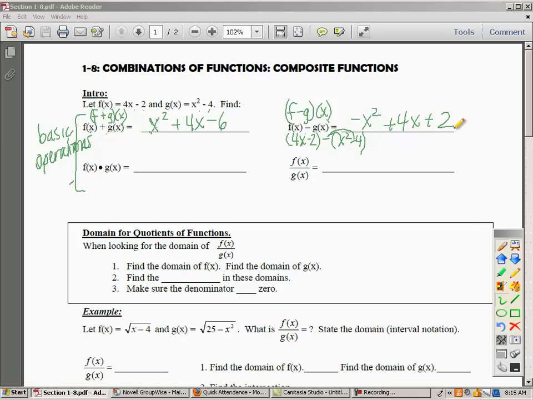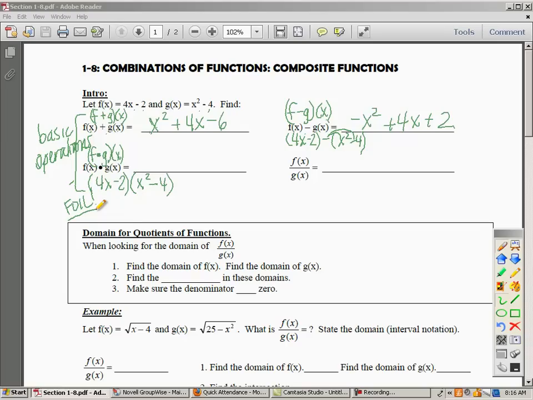The third one says multiply the two. Again, your book will go like this, f times g of x, and so I want you to see that notation. So if I look at f, which is 4x minus 2, and I multiply it by g, which is x squared minus 4, guess what I'm going to do?